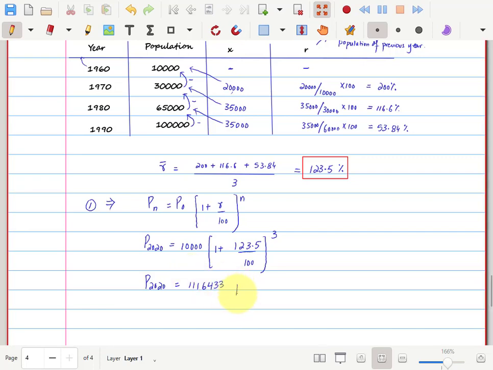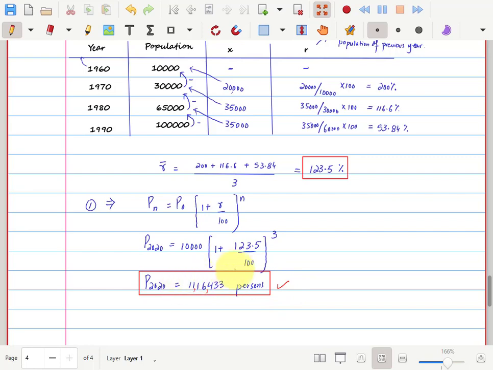So the population in 2020 on the basis of the given data by using geometric method is going to be around 1.1 million, I guess, right? Just the population in 2020.